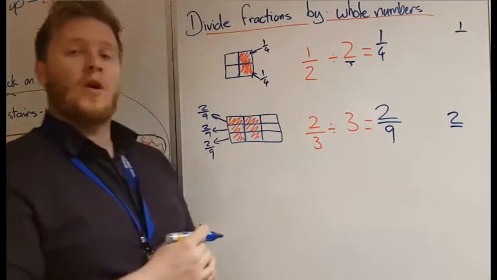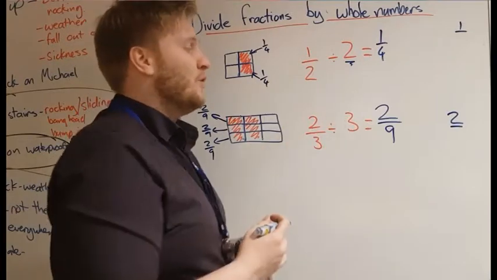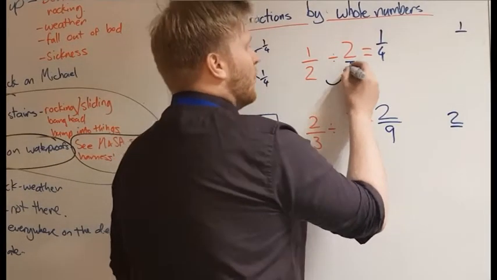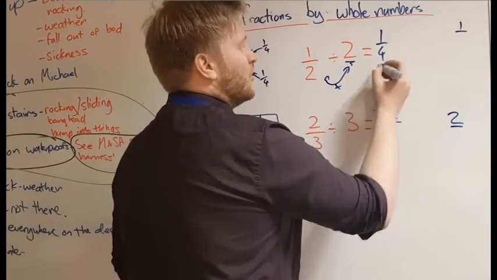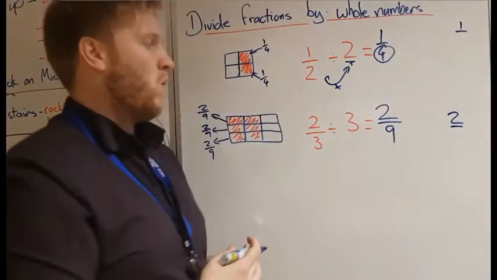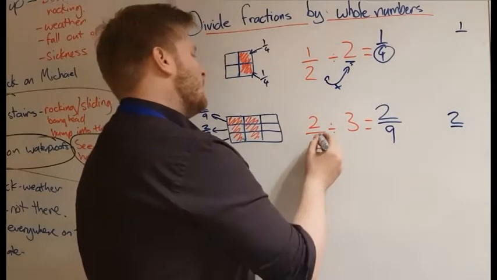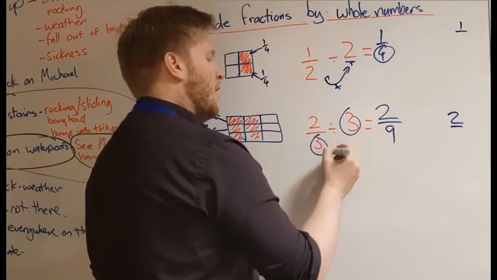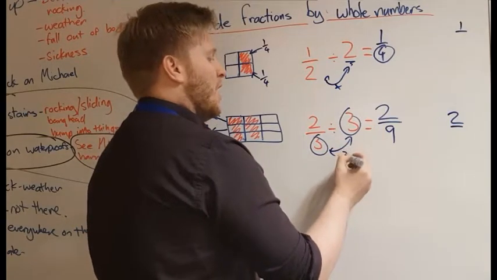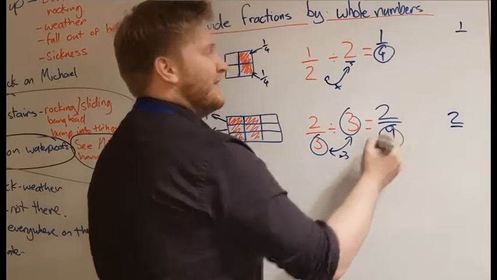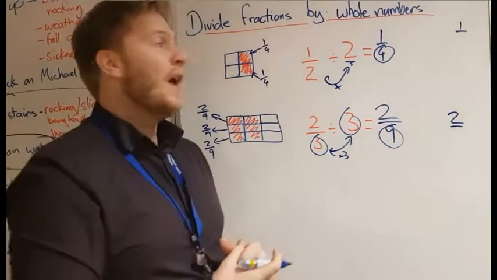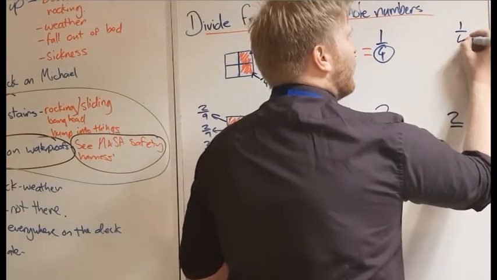Now let's have a look at the bottom. Because I know my timetables, I know that 2 times 2 is 4. I know also that 3 times 3 is 9. So there is the second part of our rule.